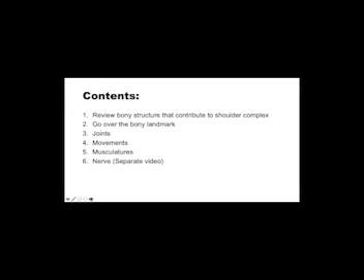And I'm going to talk about joints. There are multiple joints, the movement which occurs in each joint, and the musculature. And in a separate video, I want to talk about nerves, because the whole upper extremity is innervated by the brachial plexus. So I want to go over the brachial plexus in the second video.